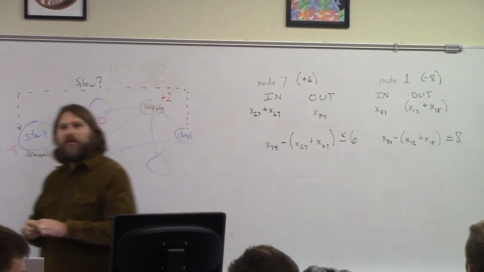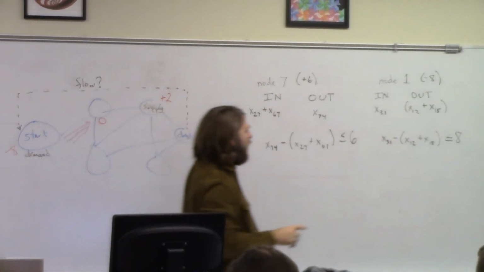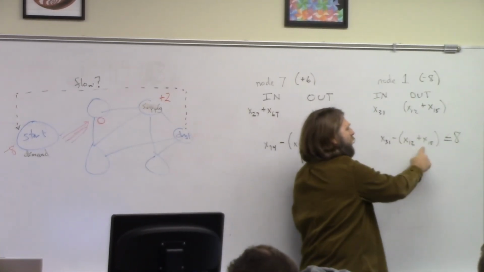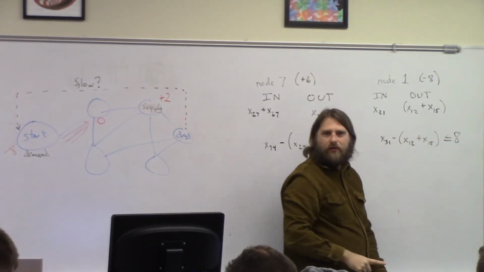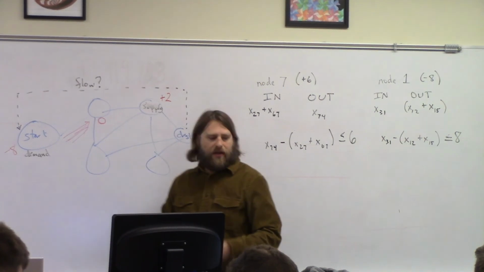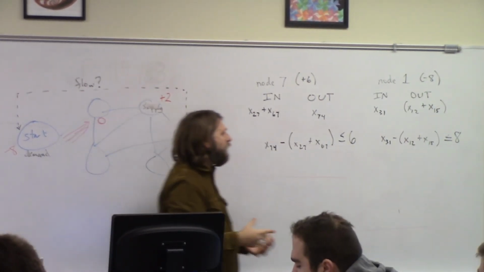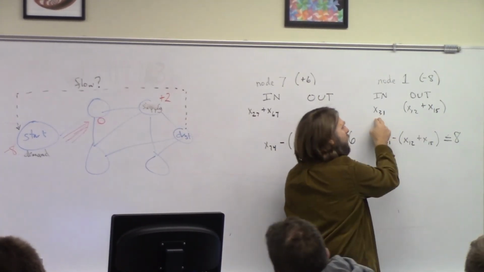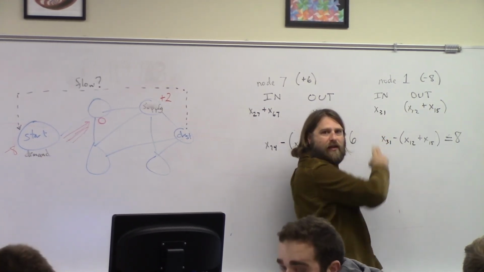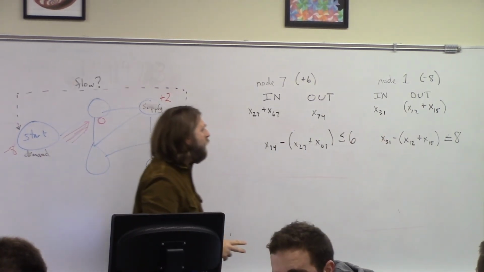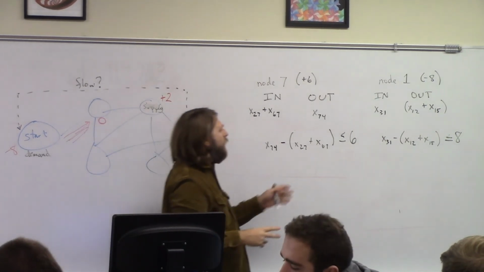Right? We need to make sure that we have 8 more coming in than we have going out. Right? So 1 could send out 2 here, then we'd better receive 10 on this line right here. Why was the 6 not equal?